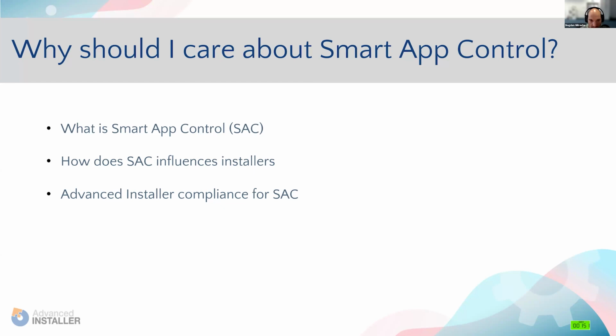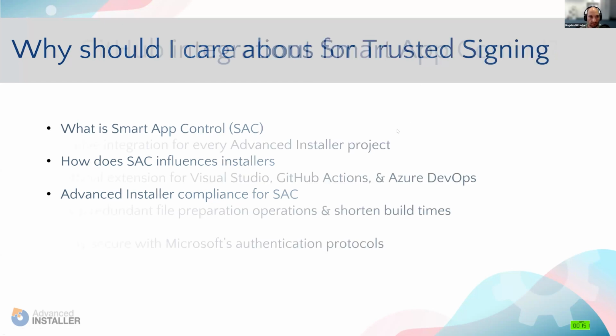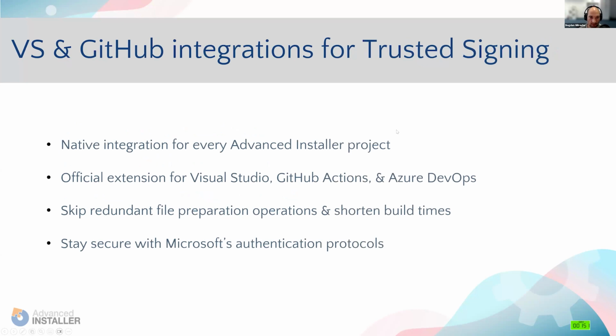Okay, and now let's have a look at the integrations that we've had with trusted signing in Advanced Installer. So if you've been watching our releases over the summer, you know that I think in April or May we included the first integration of trusted signing in Advanced Installer itself, in the desktop application.